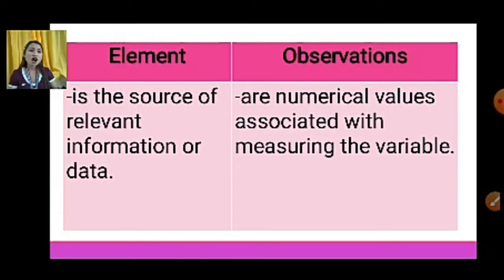Next is observation. When we say observation, it is numerical values associated with measuring the variable. Just like when we say again 50 students in a classroom, including the teacher, 51 all in all.